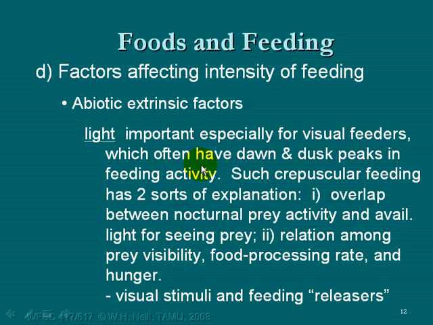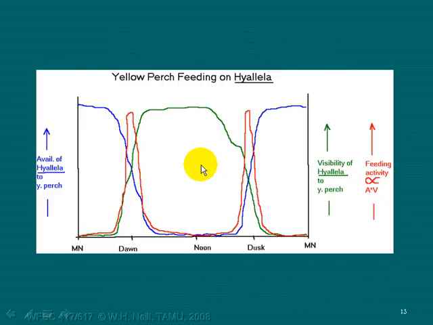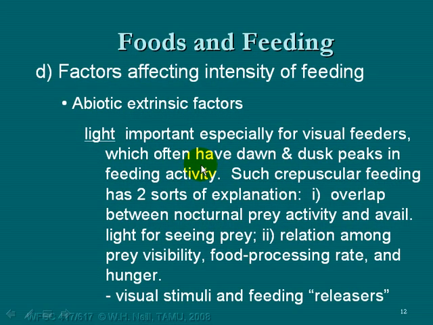And one of the best examples I know of that kind of relationship was researched by a colleague of mine. And what he worked on was yellow perch feeding on the amphipod Hyalella.